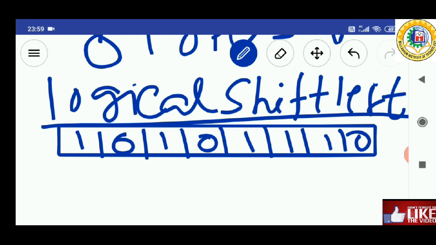So this is an 8-bit data. Now we want to shift this data logically left.